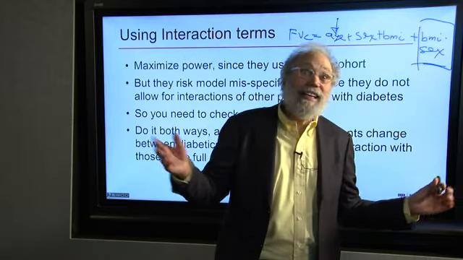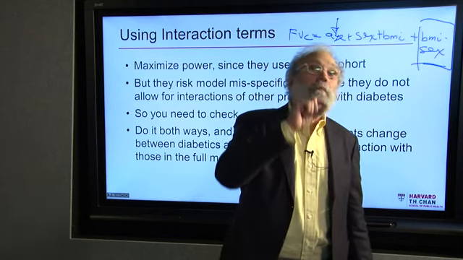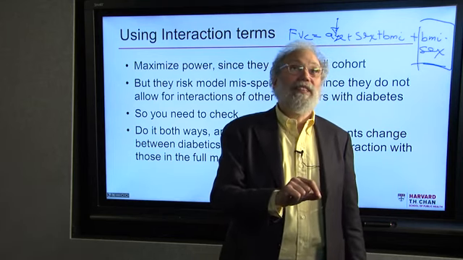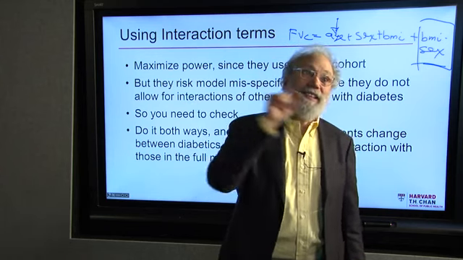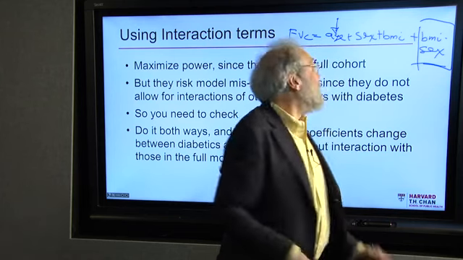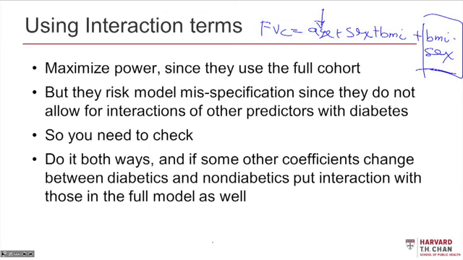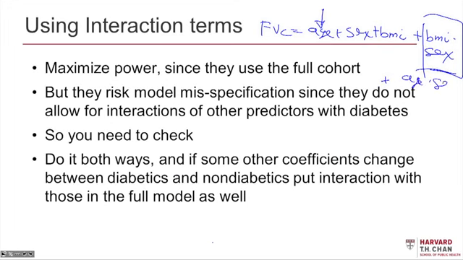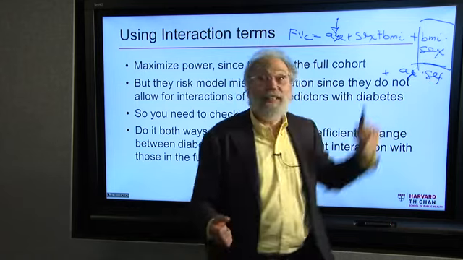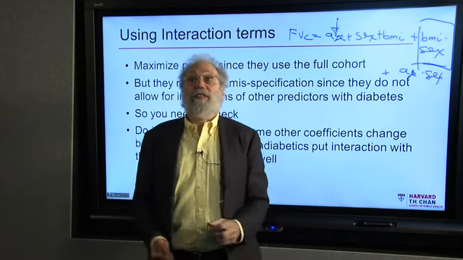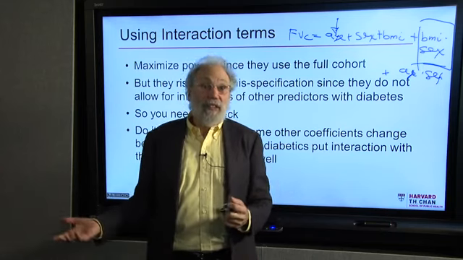I don't expect them to be identical, but if I see a noticeable difference in the coefficient of age between the regression in the boys and the regression in the girls, then I can come back here and add another term and redo the model in the full data set, which will give me more power to estimate this interaction, but control for the fact that maybe the effect of age also differs.